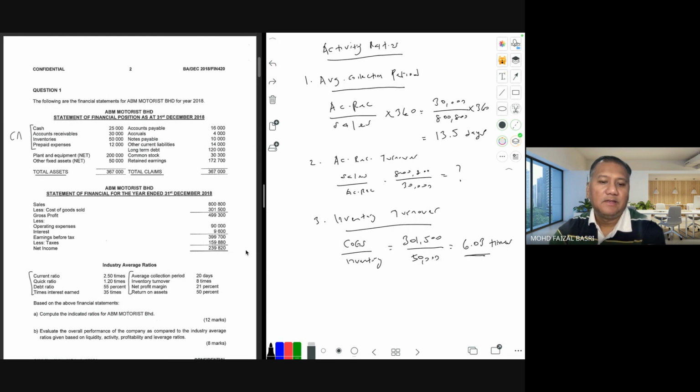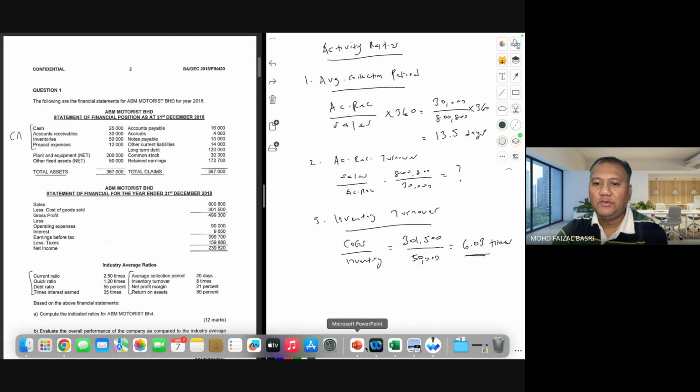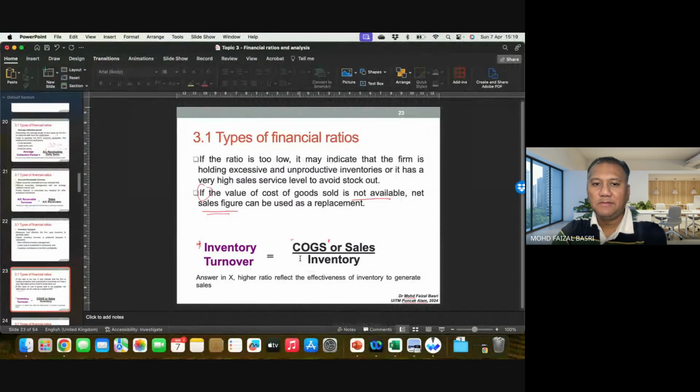And you can use dia punya kat bawah ni, which indicates that the company has a less effective usage of inventory in order to generate sales. You boleh letak macam tu, dia punya explanation. So dia ada less effectiveness of using inventory in order to generate the sales as compared to the industry average.